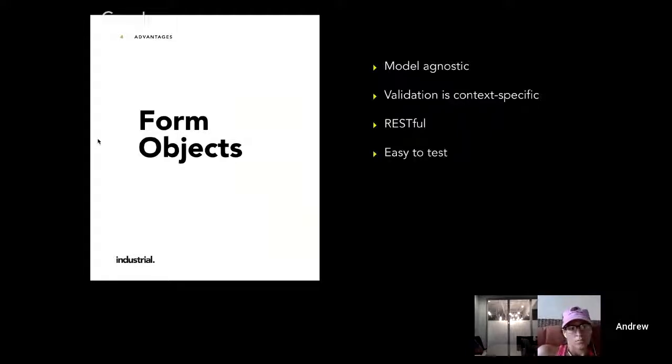So, and these are really easy to test. How I would test these form objects is typically write, I guess now, a system test or an integration type test in Rails, and you can just run through your entire wizard, beginning to end, with just one test if you want.